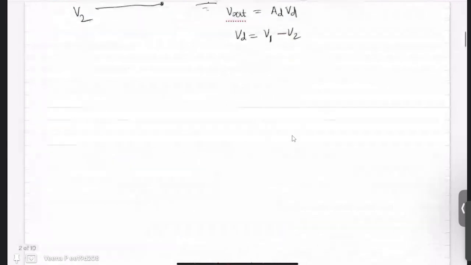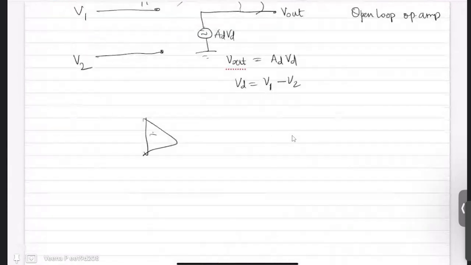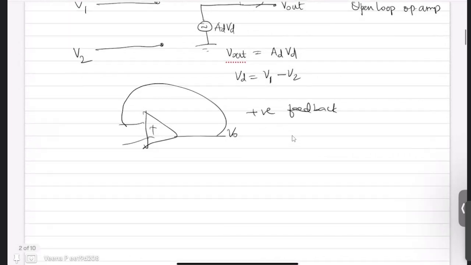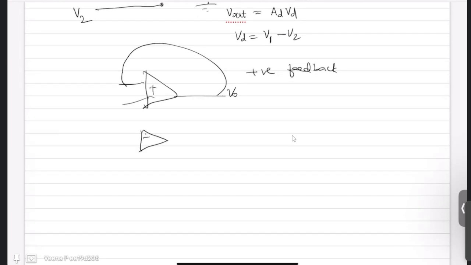So, this kind of system where you are connecting your output, V out, to the non-inverting terminal of the system is your positive feedback. And the one where you are connecting your output voltage to the negative terminal or inverting terminal is called negative feedback.